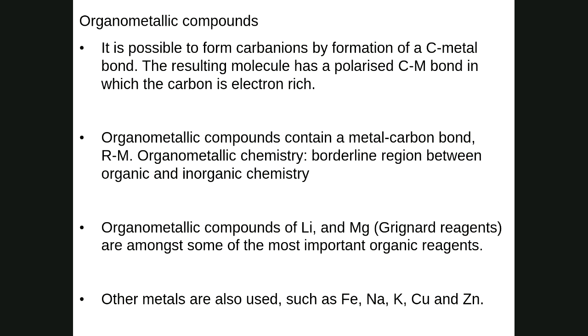They are among some of the most important organic reagents, and they are widely used to grow molecules, to grow compounds, to grow carbon chains. There are other metals used, sodium, potassium, etc. But lithium and magnesium, specifically Grignard reagents, are the most common. Organolithium and organomagnesium compounds are the most common ones.